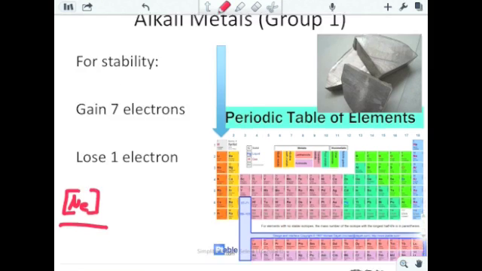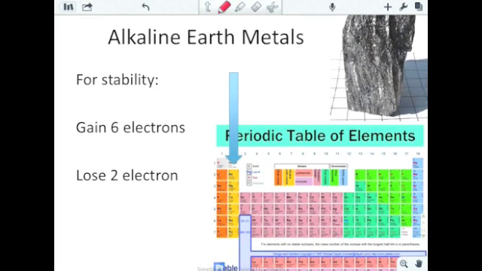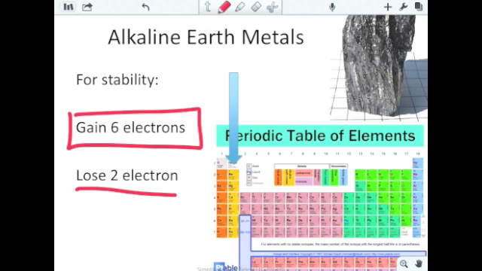It's happy. Now our alkaline earth metals have the option too. They can gain 6 to get 8 or lose 2, which we see if we look at sodium's neighbor, magnesium. That's neon, and then 3s2.